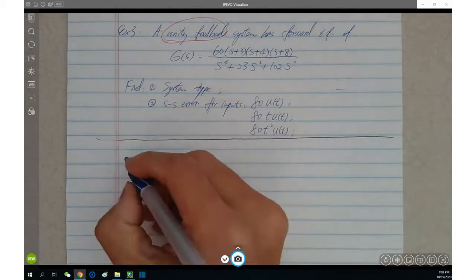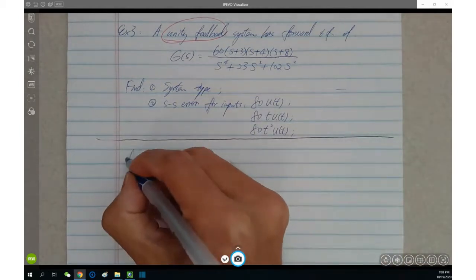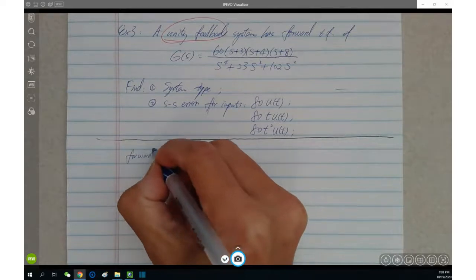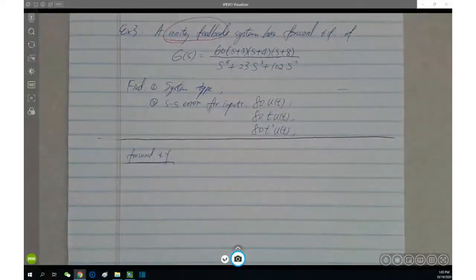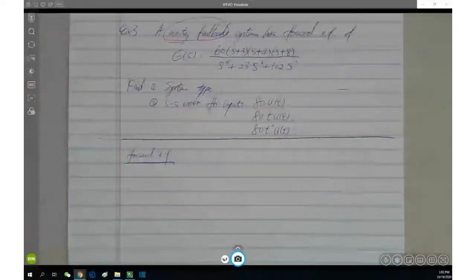The first step, you need to find out the forward transfer function. This is always the thing we are looking for in the first place. If it is nice, the forward transfer function is given directly like this example 3. If not, you need to somehow find it from the given block diagram.